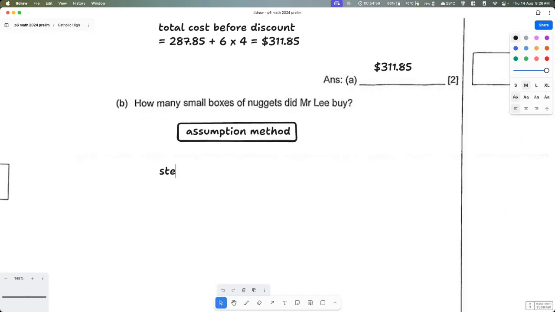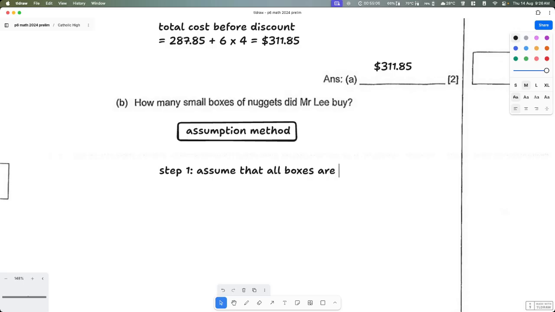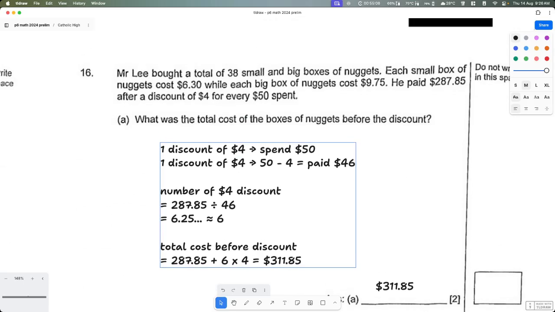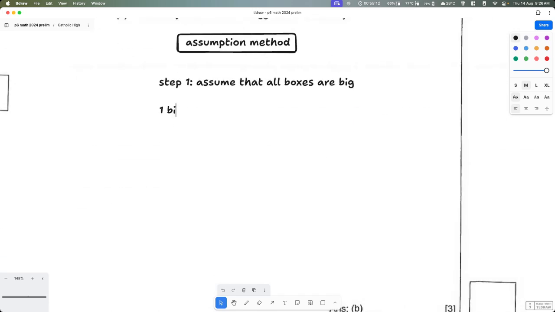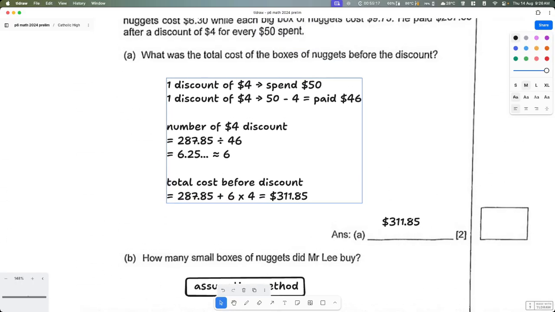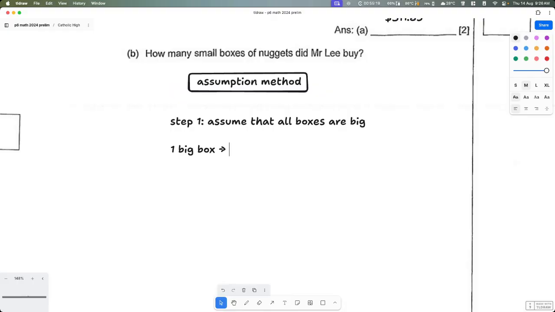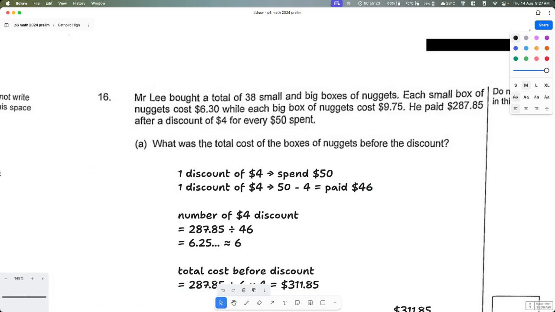So step 1, assume that all boxes are big. Okay, so we need to calculate. One big box is $9.75. And then we have how many?